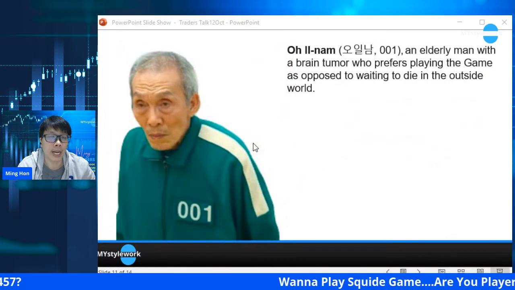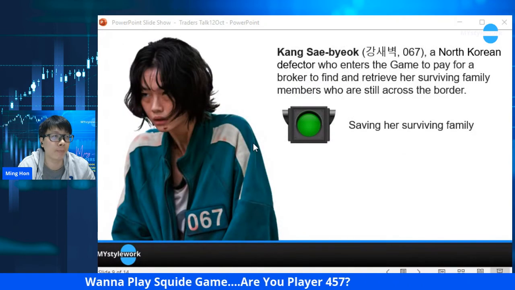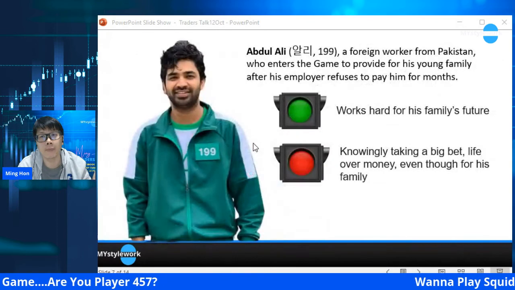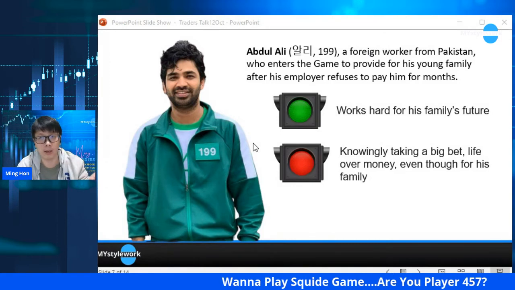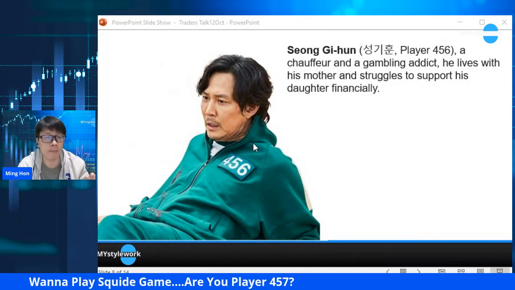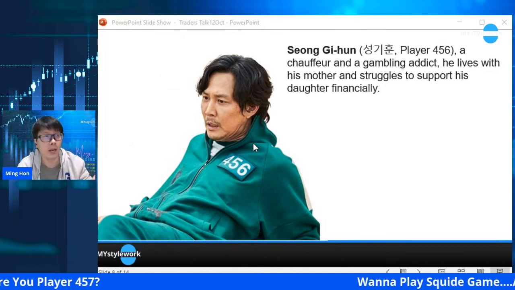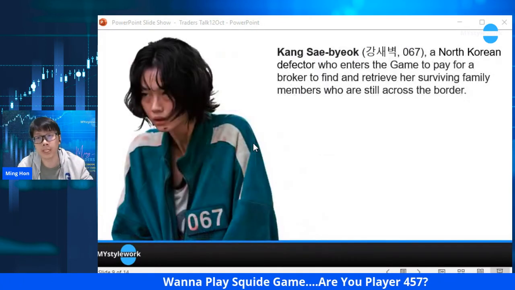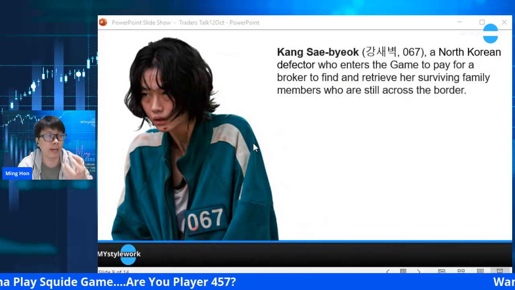All the players which I explained here are real life people, real life incidents. Whether it's the young chap, player 199, a growing family wanting to earn money, or the gambler trying to take care of his mother and daughter but going about it wrongly by gambling, or the girl who needs to locate her family.